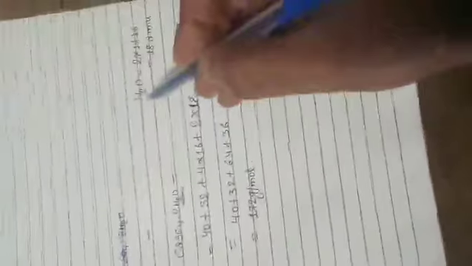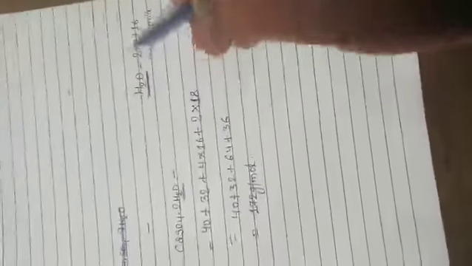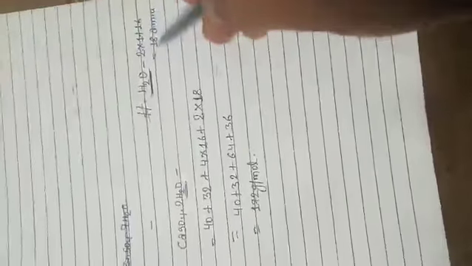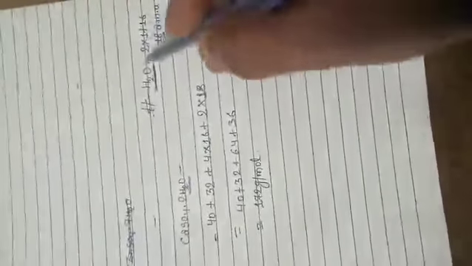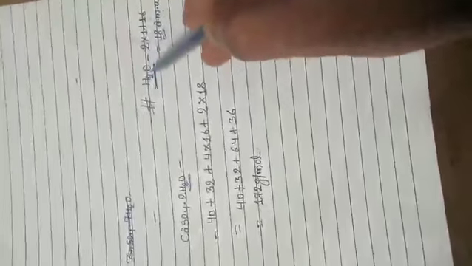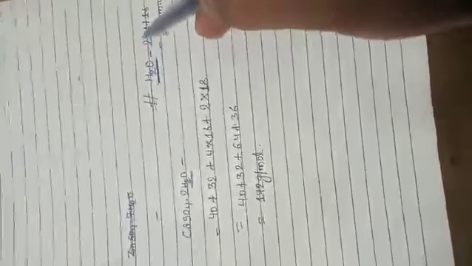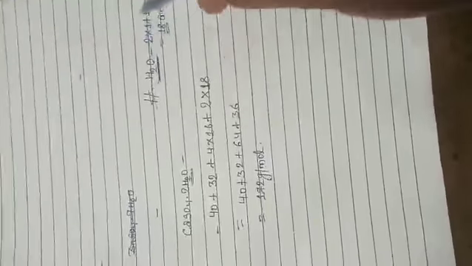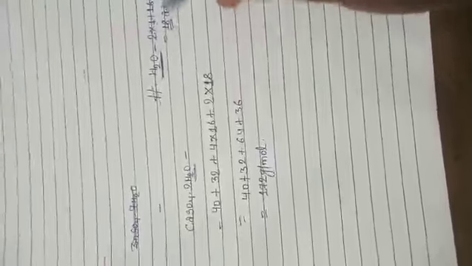So here first of all we find out the molecular mass of water and we get 18 AMU. Hydrogen has two atoms and its atomic mass is 1, and oxygen has only one atom and its atomic mass is 16, and further we get 18 AMU.